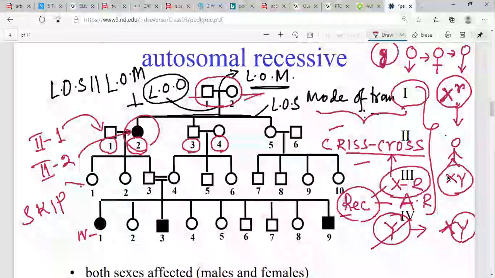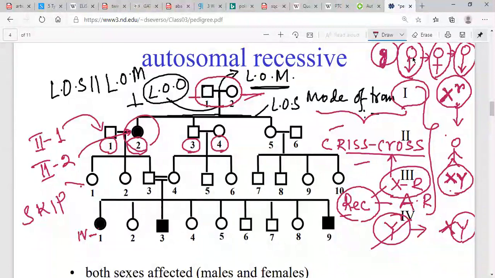This is the allosome part, sex chromosome part, X and Y. Whenever this X-linked recessive gene is present, it will definitely express. So male will be affected, female will be the carrier, and the grandchild male will be affected. This mode of transmission is called crisscross inheritance, that we'll study in the future slides.